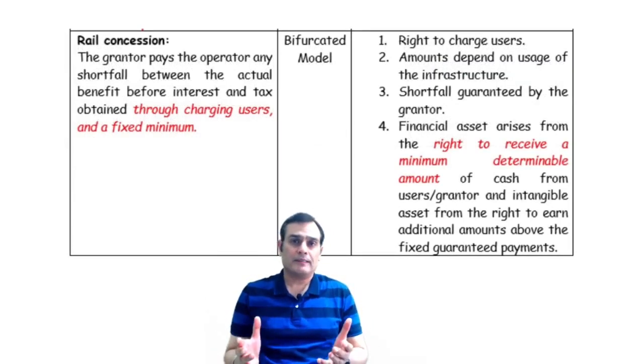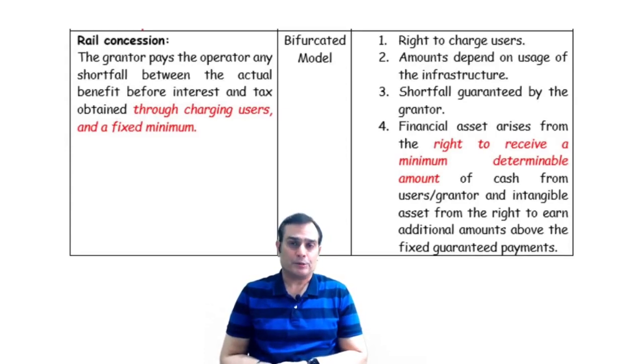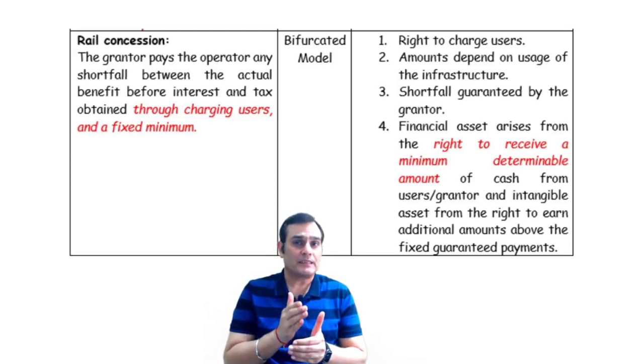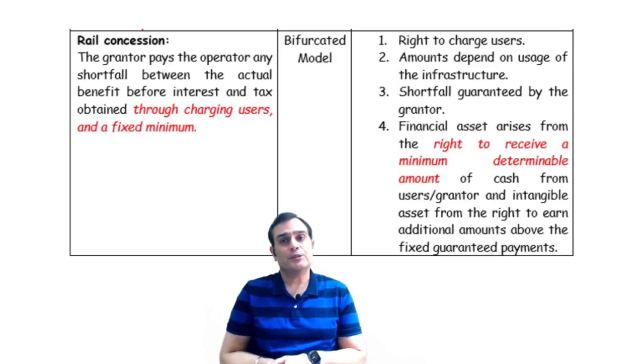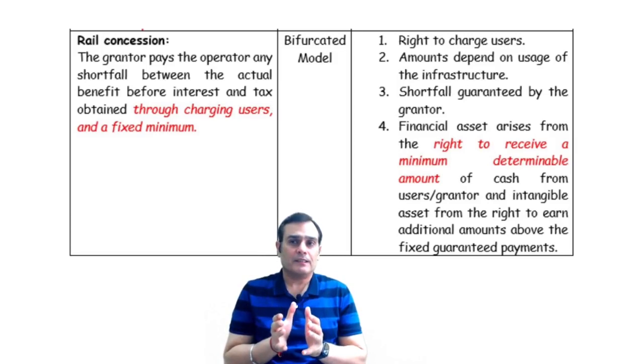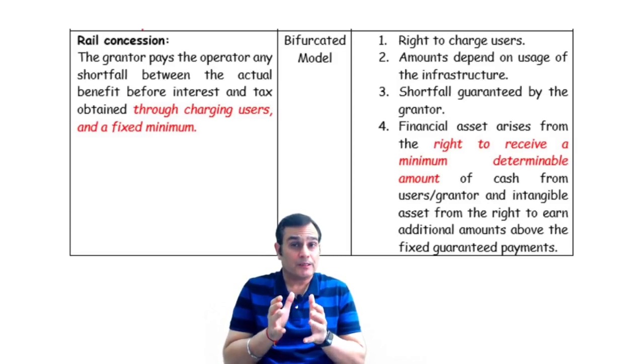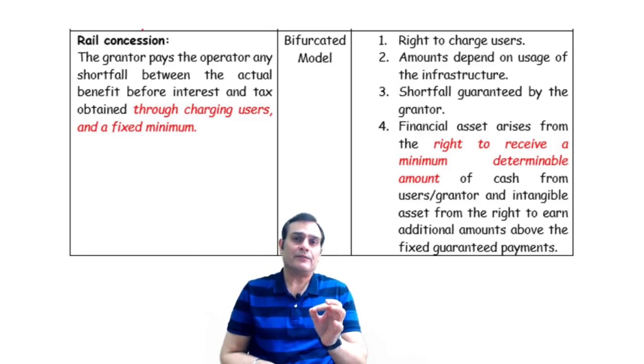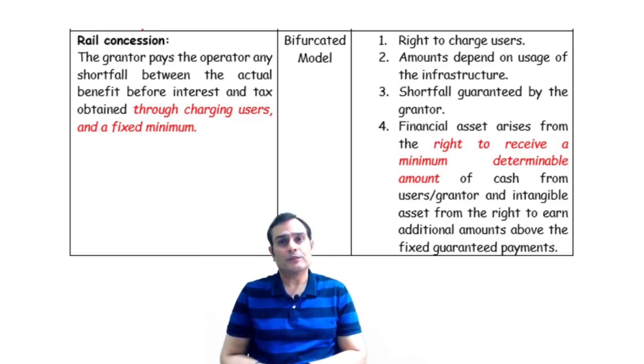Now imagine that there is a rail concession. In this case, the grantor pays the operator any shortfall between the actual benefit before interest and tax obtained through charging users and a fixed minimum. So basically you can say in this case it's a blend, because there is a guarantee in terms of a shortfall. When there is a guarantee by the grantor in terms of shortfall, that is indicative that there is an unconditional right to receive.